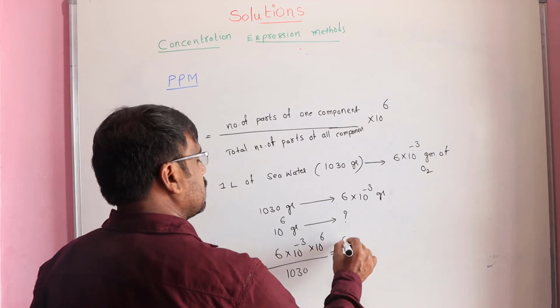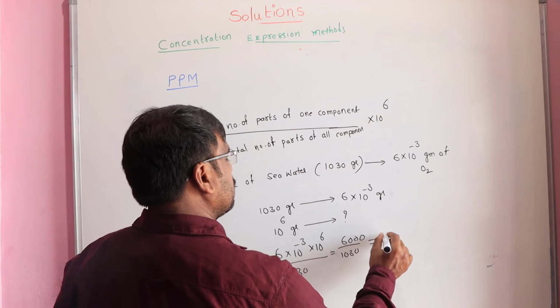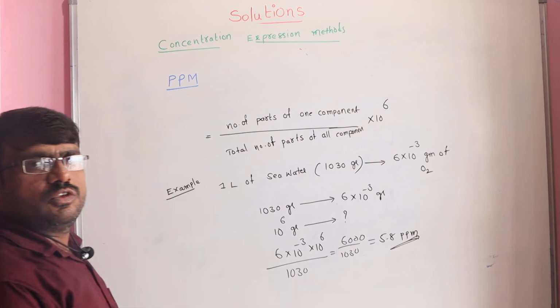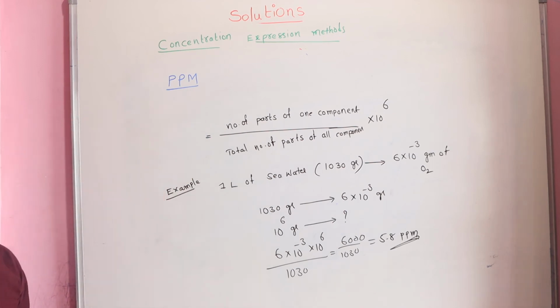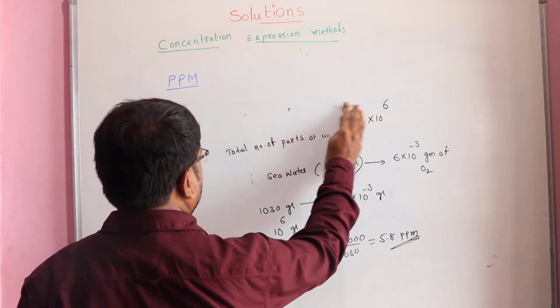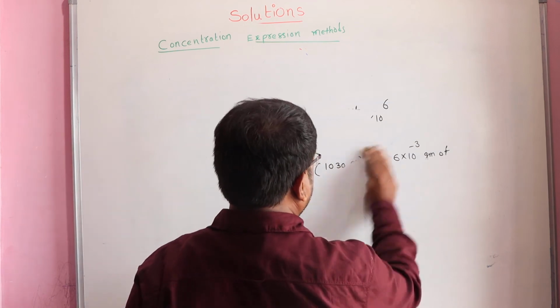After simplification, 6000 by 1030, approximately we will get 5.8 ppm. And after this ppm, we have an important expression method, that is mole fraction.